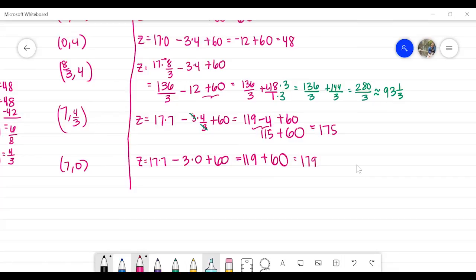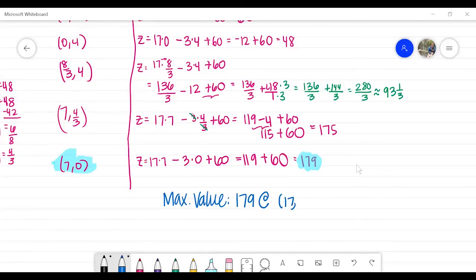Do you see that? So our winner is this one right here. I better turn to a highlighter. There we go. 179 at this location. So maximum value, 179 at 7 and 0.